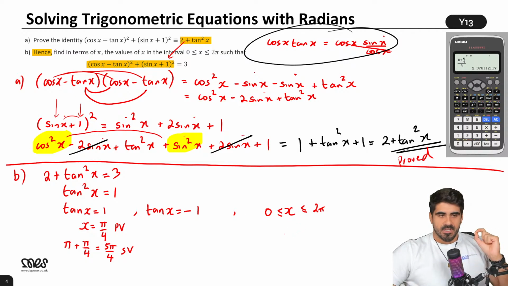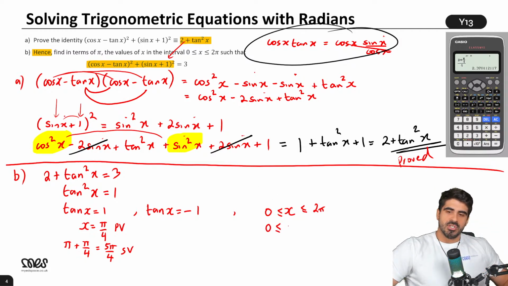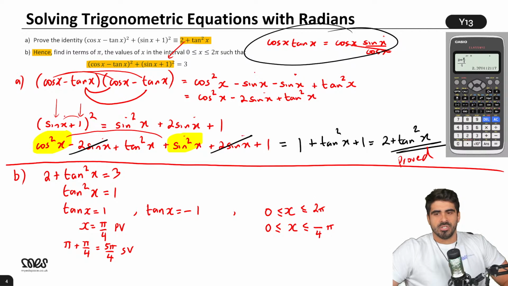If I can change the range so that it's over 4, it's easy to then compare. So 0 is just 0. But how would you write 2 so that its denominator is 4?